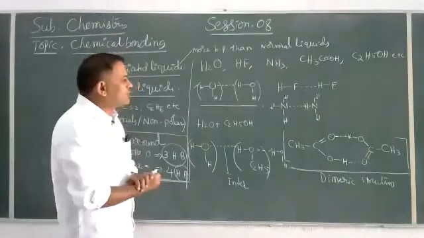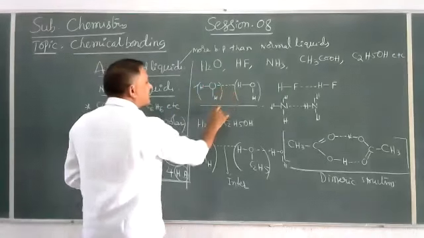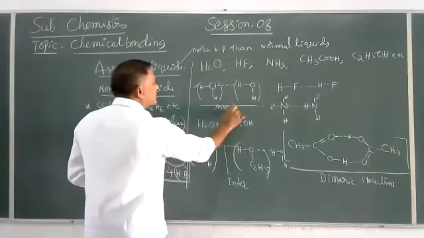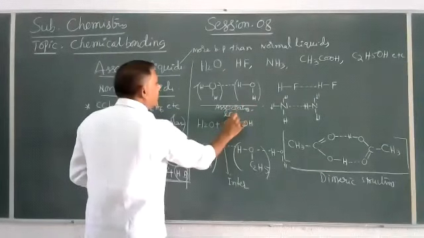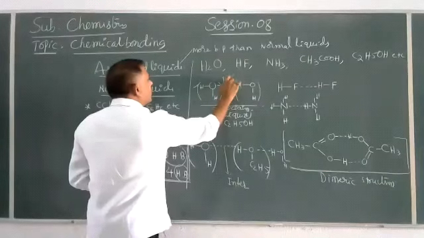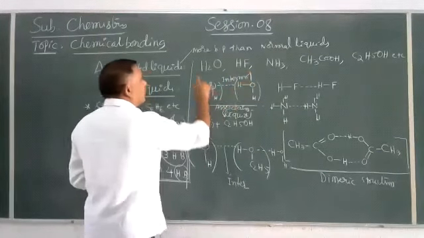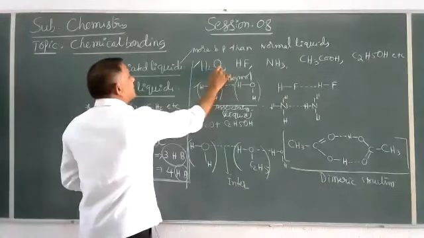That is due to the presence of associative nature. These are associated molecules, association takes place. It is generally a liquid in nature due to the presence of this intermolecular hydrogen bond.